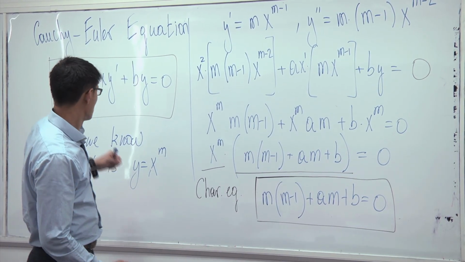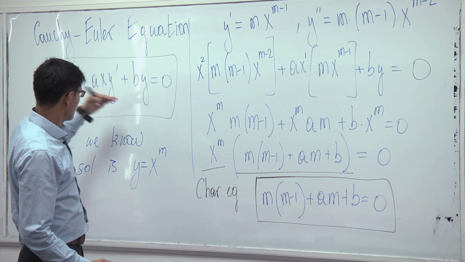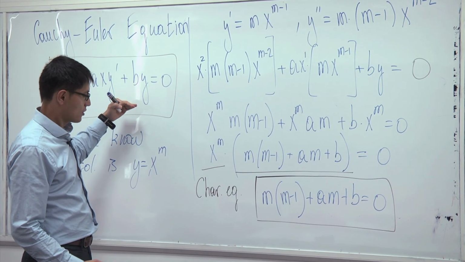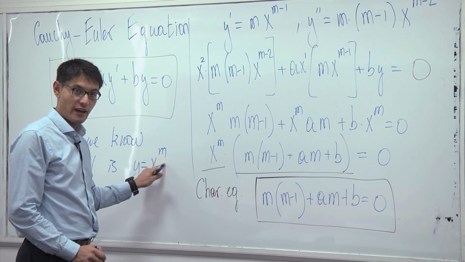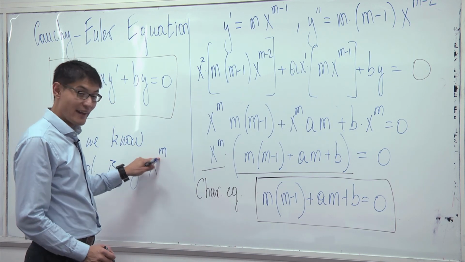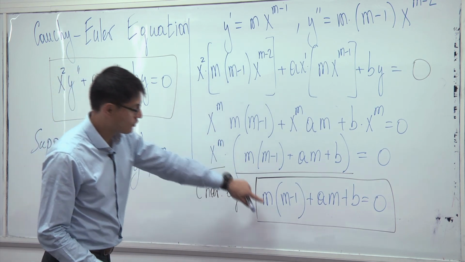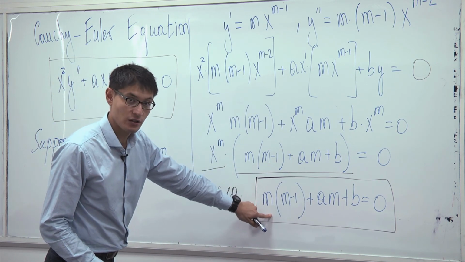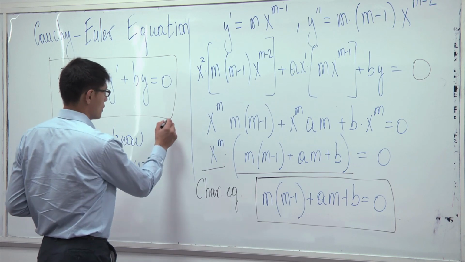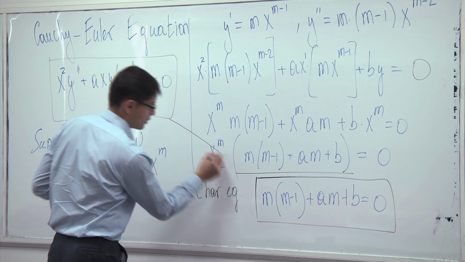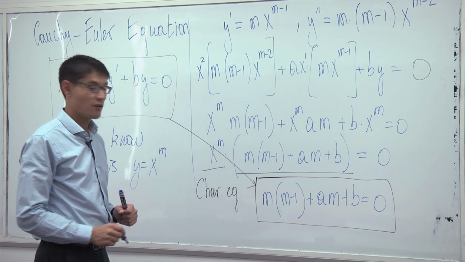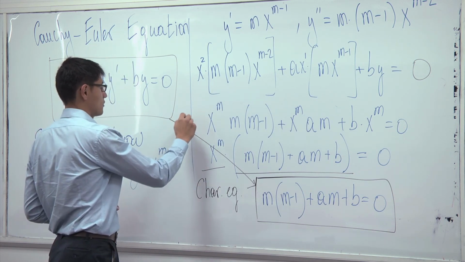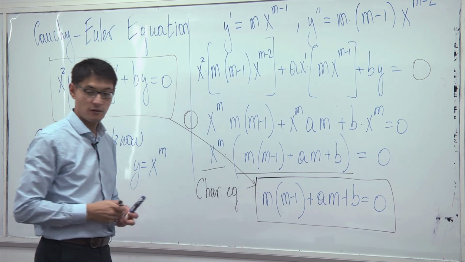So when you encounter a Cauchy-Euler equation, you know the solution has to be of the form x to the m. To find m, we need to solve the characteristic equation. So the first thing you do when you see a Cauchy-Euler equation is solve the characteristic equation. That's the first step. Step number 1, always do that.